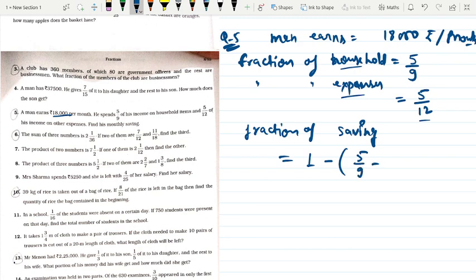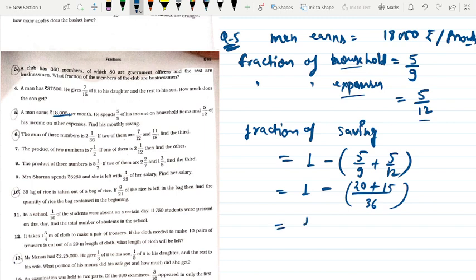What will we subtract? Just add these two: 5/9 plus 5/12. Now just take the LCM. LCM will be 36. 9 4s are 36, 4 5s are 20, so 20 will come, plus here 12 3s are 36, 3 5s are 15 will come here.